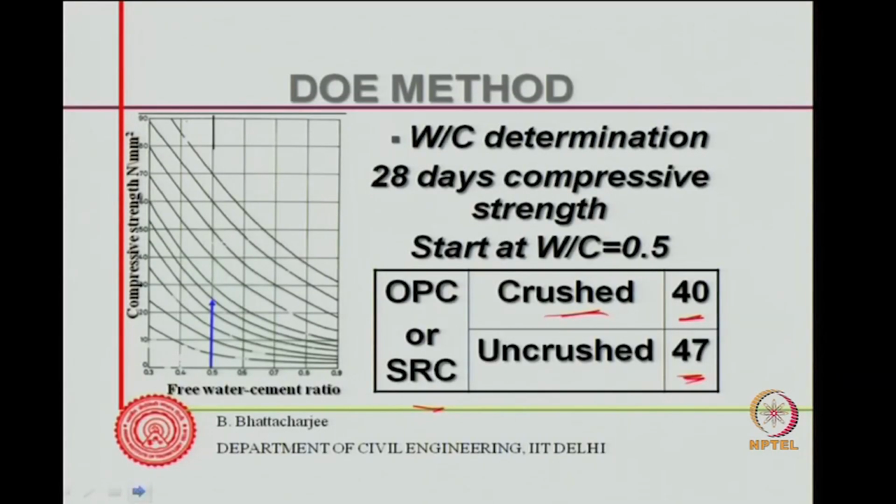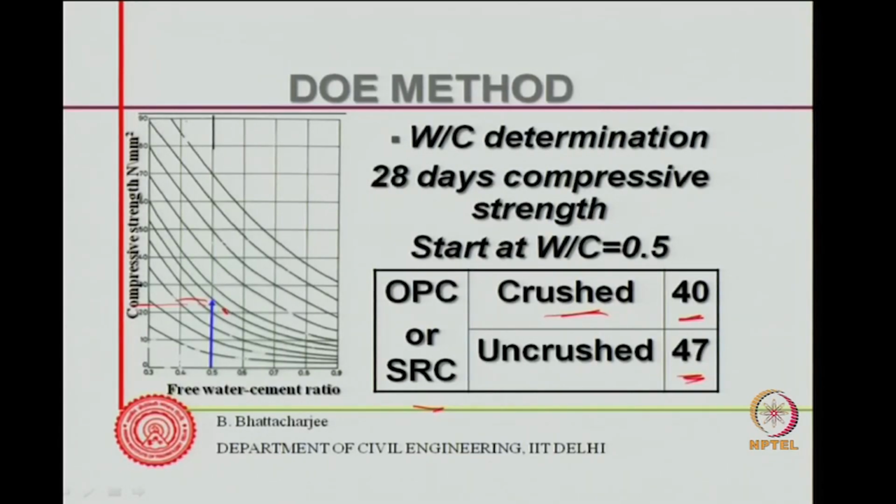Now, supposing you have done that and obtained a strength of, let us say, 25 or so. With 0.5 water cement ratio you got 25, therefore you can select your curve.